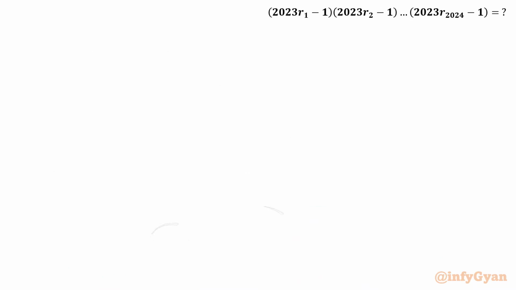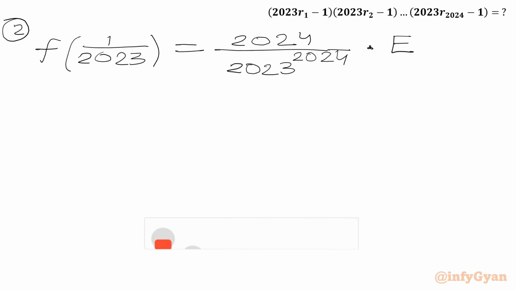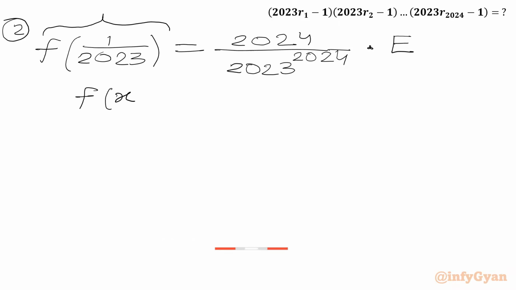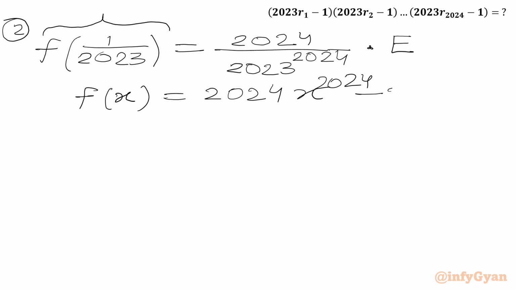Now let me write our equation number 2 first. Here it is. Now we have to calculate this value first. f(x) equal to 2024 x power 2024 minus 2023 x plus 1. Now we have to plug in x equal to 1 over 2023.